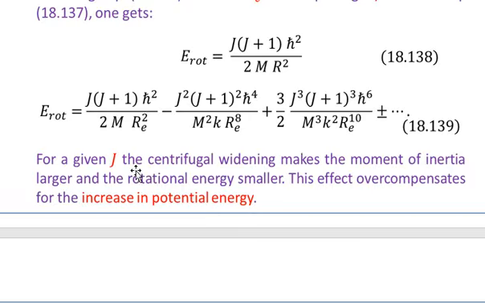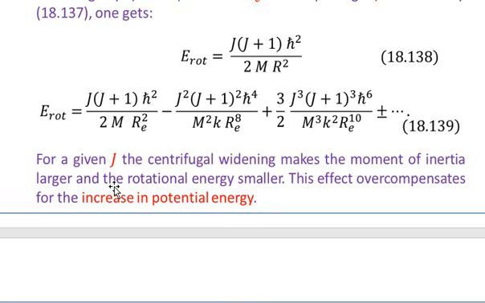And for a given J, the centrifugal widening, as I have already discussed, during the molecular rotation the widening of the molecule takes place, and the centrifugal widening makes the moment of inertia larger, because the moment of inertia is given by I is equal to m Re square.